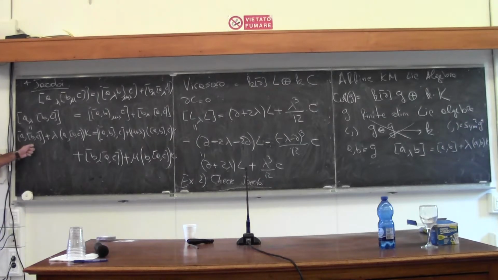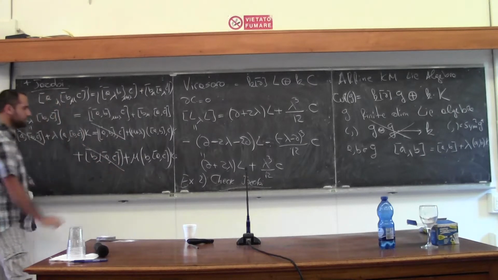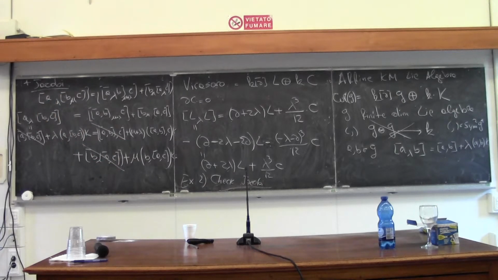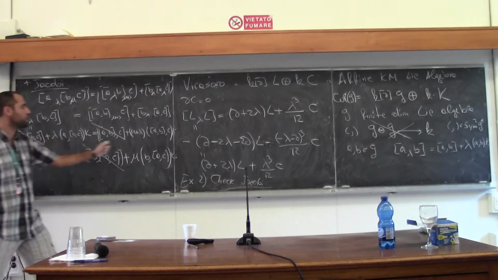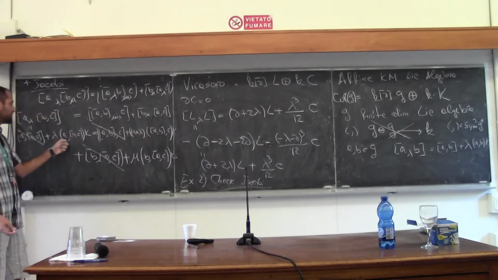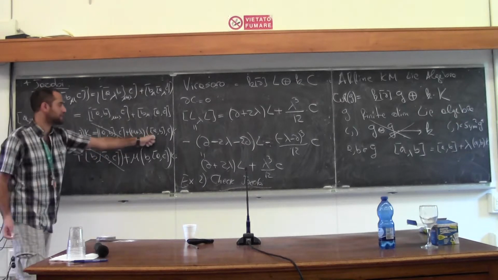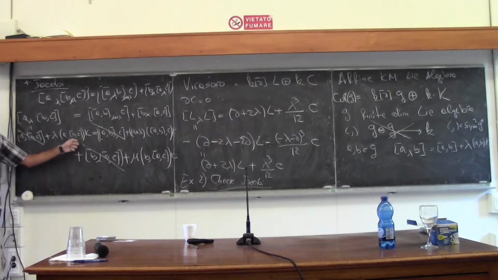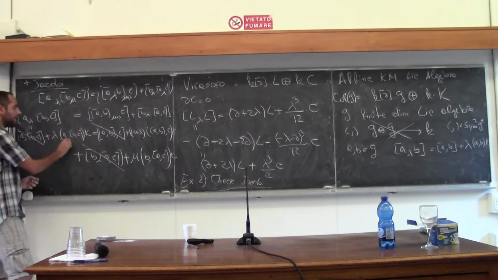The usual Jacobi condition for the Lie algebra just tells me that this is equal to this plus this. And now I need to check at the level of each polynomial. So I have a coefficient of lambda here, and I have only one coefficient of lambda there. So this is equal if and only if the form is invariant. This is the notion of an invariant form for a Lie algebra: that this is equal to this.